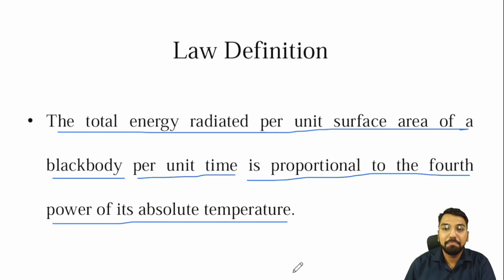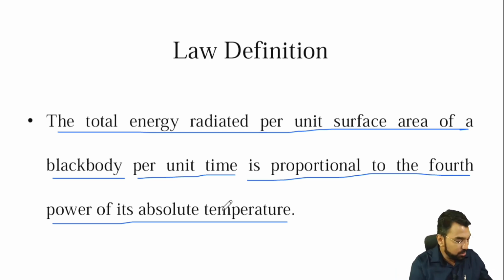This is the typical engineering definition of the law. What it means is that the total energy radiated by the radiation mode of heat transfer, per unit surface area and per unit time, is proportional to the fourth power of the absolute temperature of that object.